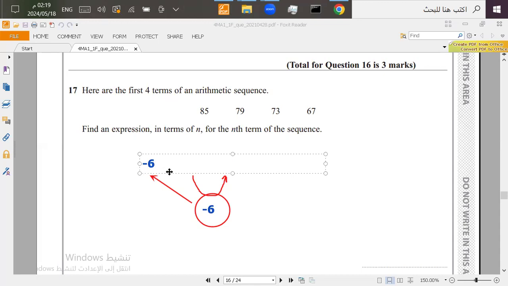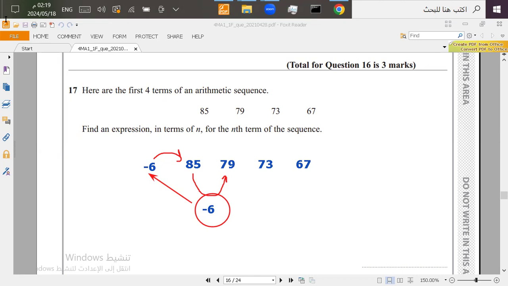And then how does the minus 6 become 85? That's the idea here. That's the fast idea. So how does the minus 6 become 85? I'll do that by adding. So I'm going to say 85 minus 6, and I got 91.